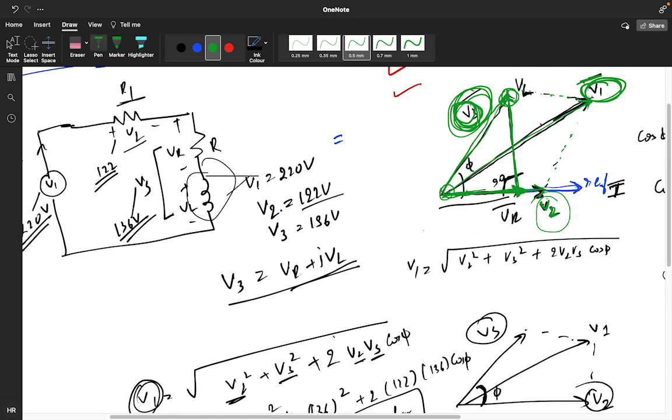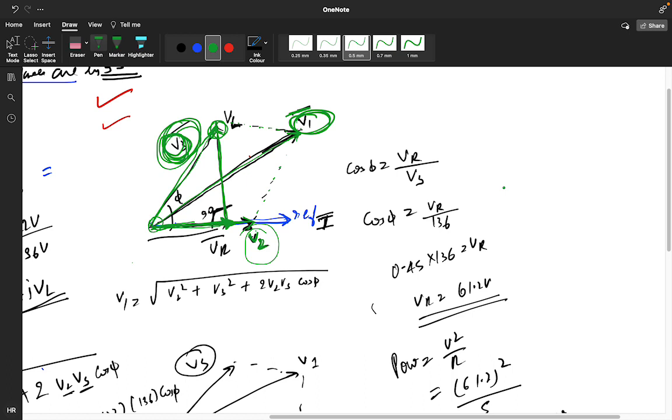See, there is a head-tail concept in this vector. Suppose I am drawing, you have a reference point, and you draw VR.